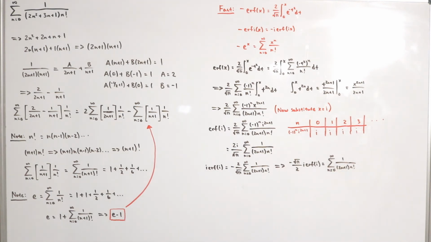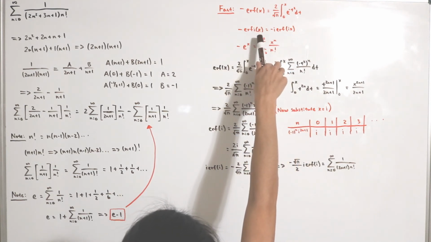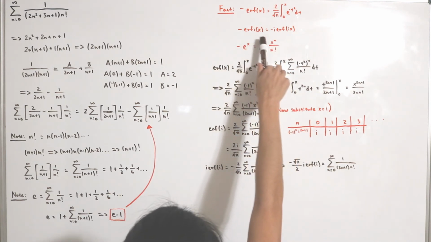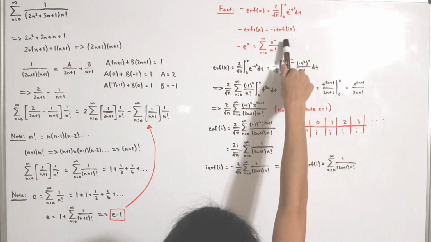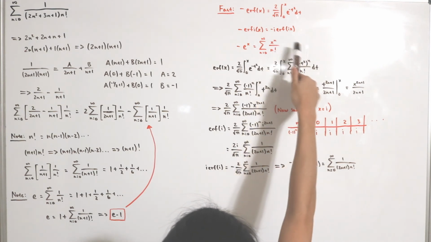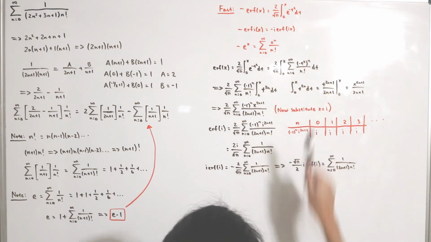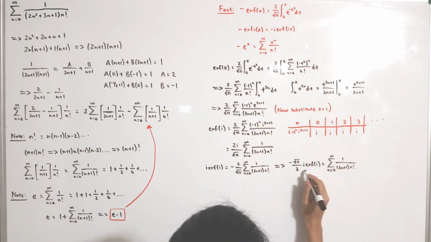Okay. Now the last thing we want to do is use the fact that the imaginary error function of x is equal to negative i multiplied by the error function of i times x. So notice that we have a similar format here.